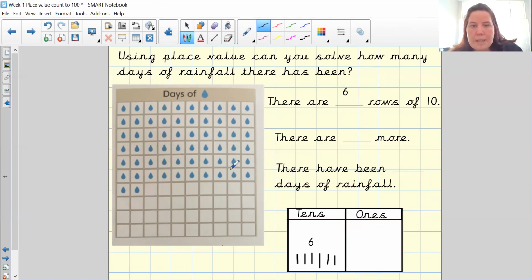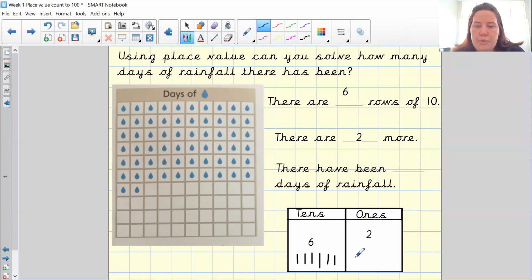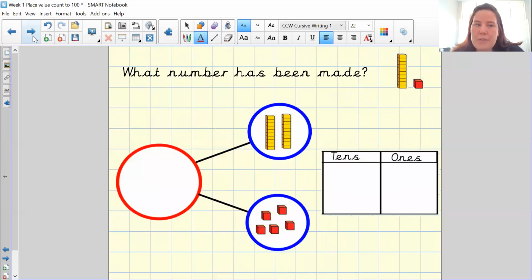So there's my 6 tens. And then how many more are there? So I have 1, 2. So I have 2 ones. And again, I can do dots to represent them. So my answer is 62. So in total, there's been 62 days of rainfall. So well done if you solved that at home.